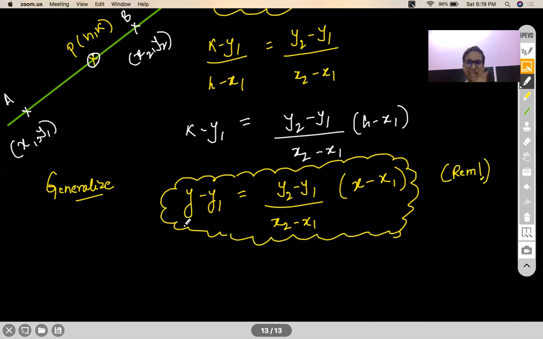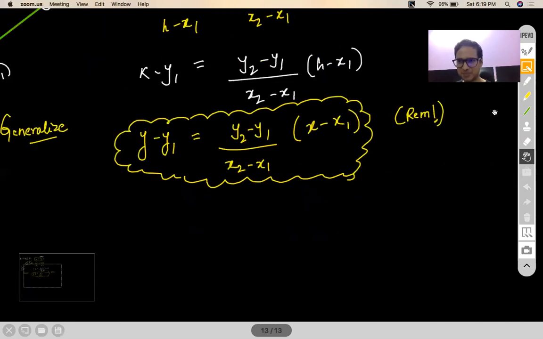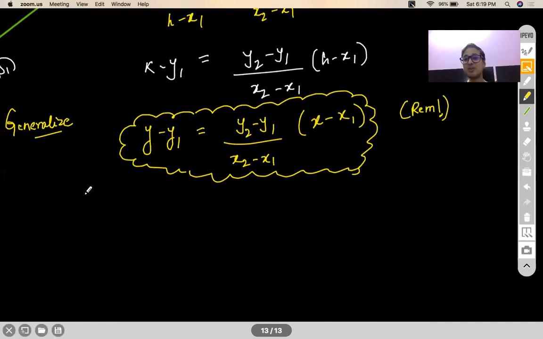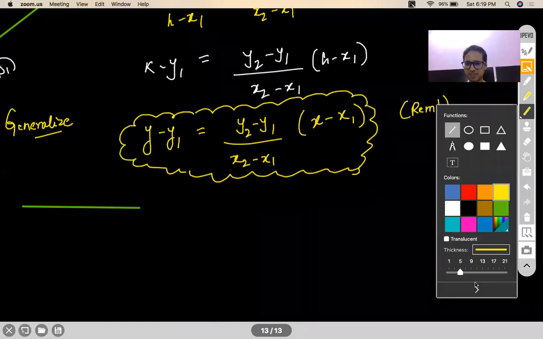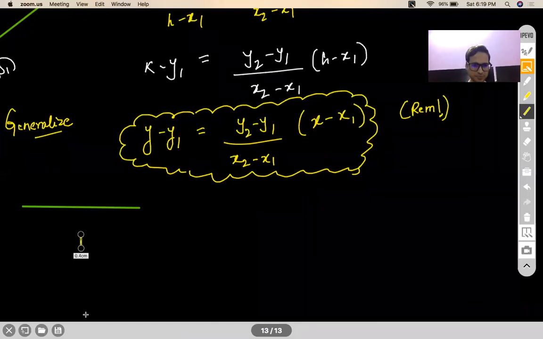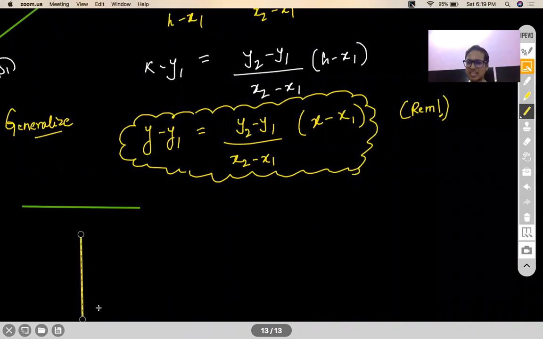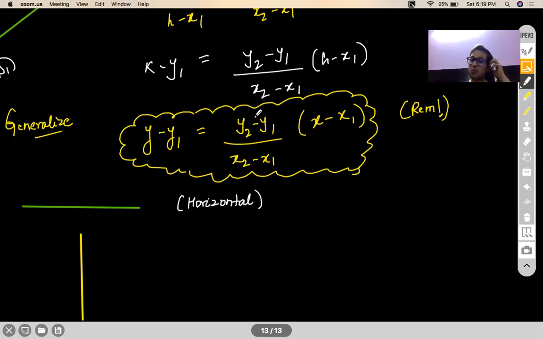Now something very interesting and important. What if we were dealing with a vertical line, and what if you were dealing with a horizontal line? So I'll make those two diagrams over here. If you're dealing with a horizontal line, remember your y will not change.